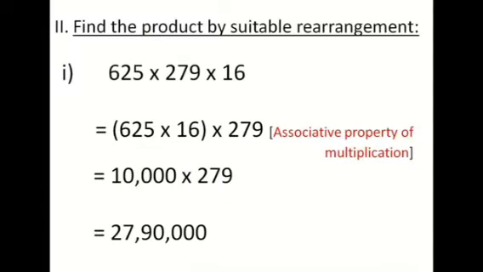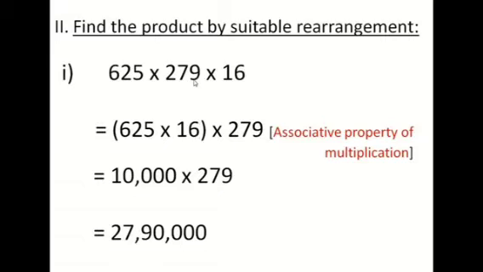Second, find the product by suitable rearrangement. Question number 1, 625 multiplied by 279 multiplied by 16. You have to rearrange and multiply them. Here 625 has been grouped with 16. If you check the units place, 5 sixes are 30.